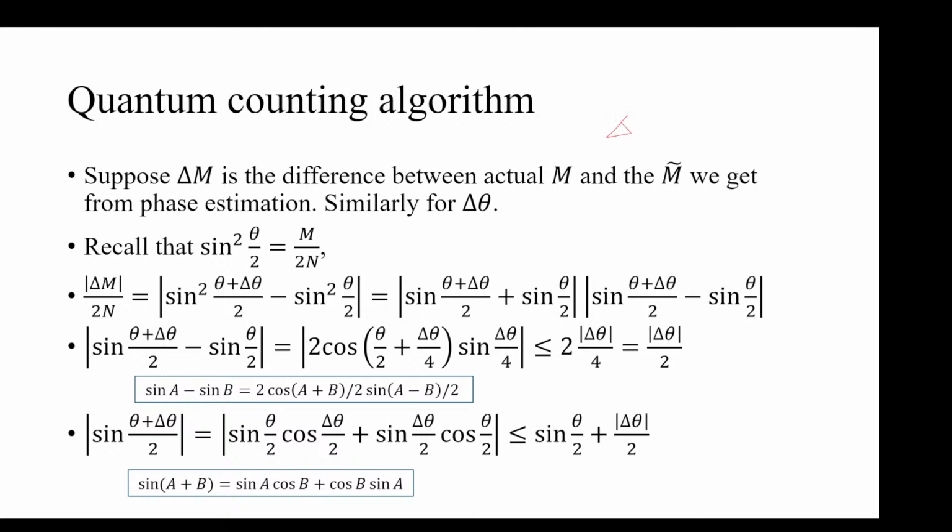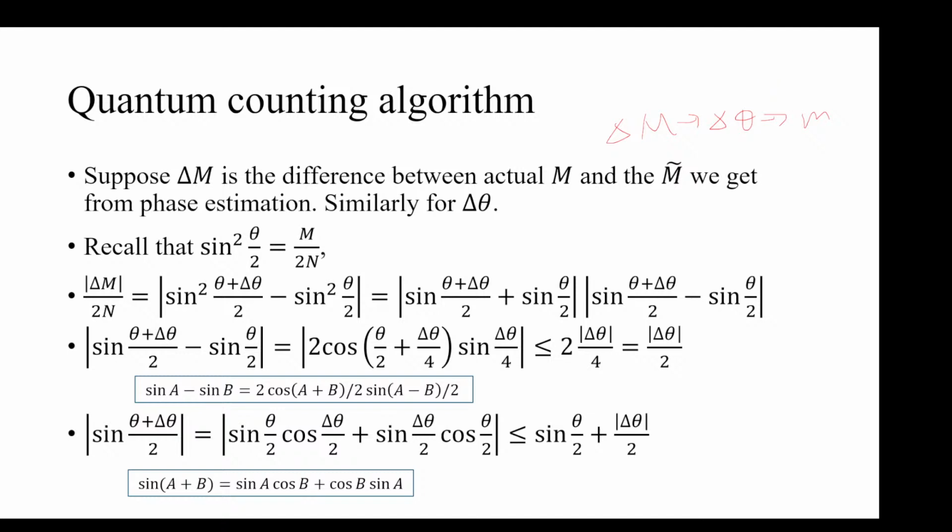We are going to relate delta m to delta theta, and then we know delta theta is bounded by small n, so that will relate to the small m. If you do it at a high level, it's pretty easy, but we do this in detail. Detail is a bit annoying, with a whole bunch of trigonometry.